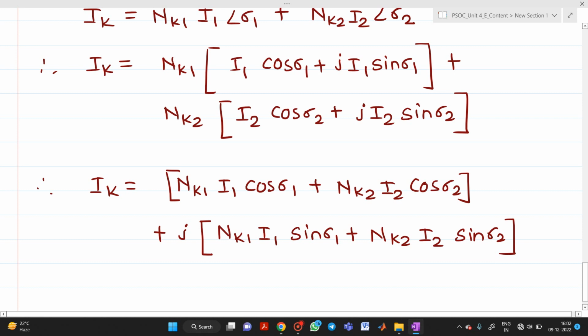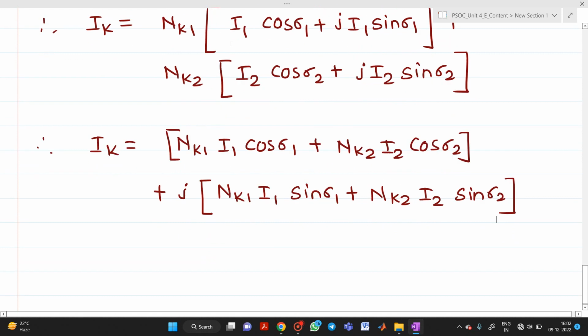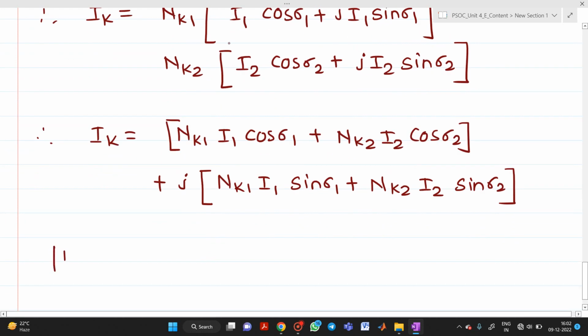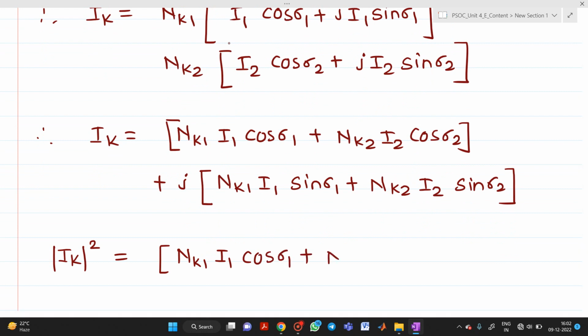Now we know what this j is. Please see it carefully. If I take squaring on both sides, what will it be? Mod of Ik square will be equal to the square of this term: nk1 I1 cos sigma 1 plus nk2 I2 cos sigma 2, whole bracket square.